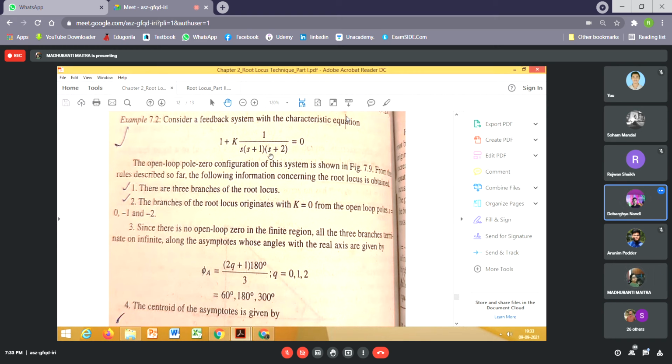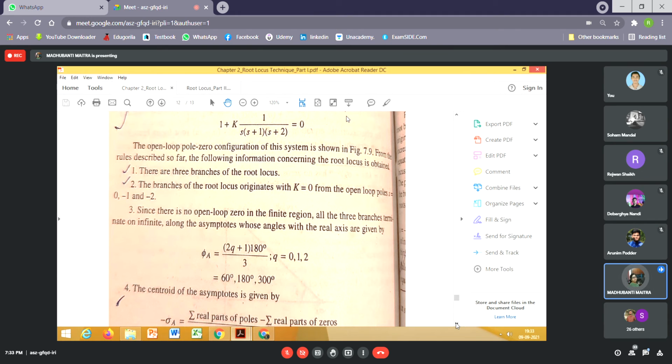So we'll get three straight line asymptotes, and the asymptotic angles will be given by this formula: 2q plus 1 times 180 degree, divided by n minus m, which is 3, and the values of q will be 0, 1, and 2. So the asymptotic angles will be 60 degree, 180 degree, and 300 degree.